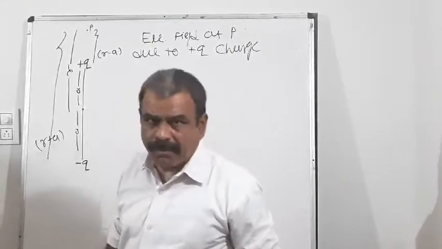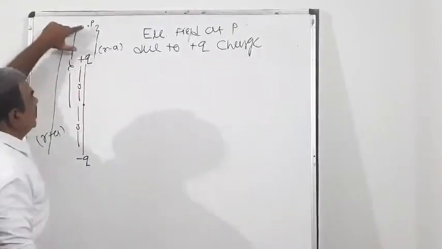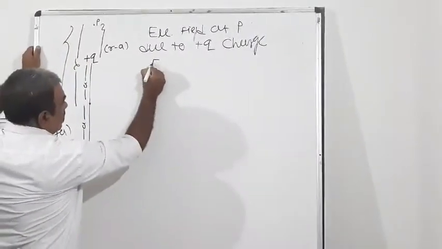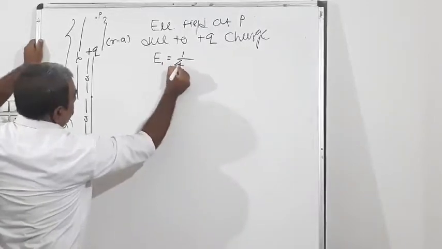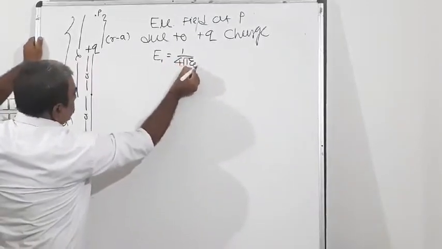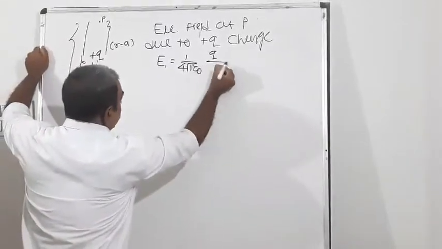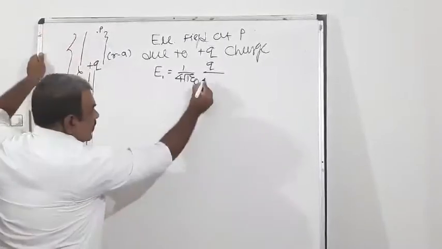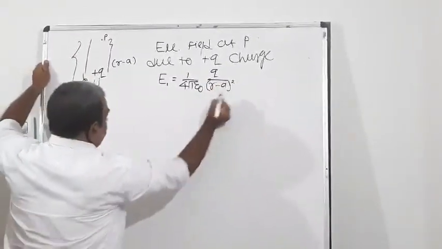K means 1 over 4 pi epsilon 0, the proportionality constant. So the electric field intensity at P due to the plus Q charge, if I write it as E1, is 1 over 4 pi epsilon 0 into Q upon distance squared. What is the distance? Instead of r, it is r minus a. So, it is upon r minus a, the whole squared.